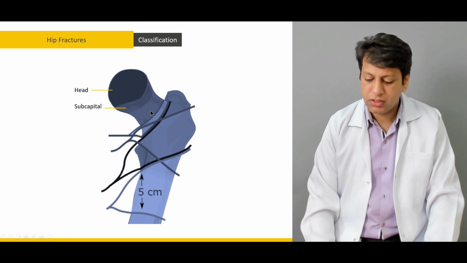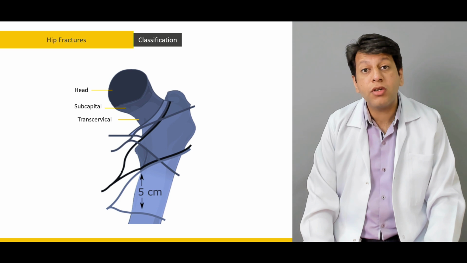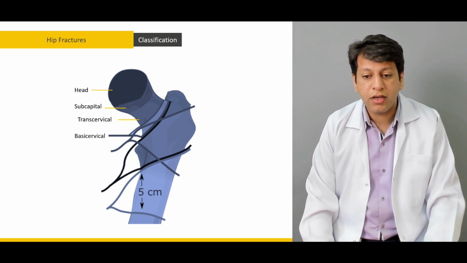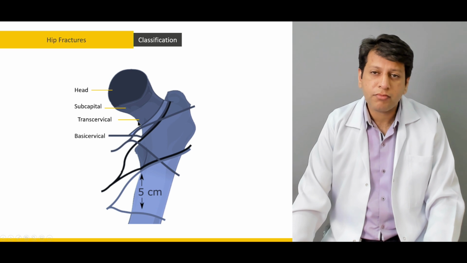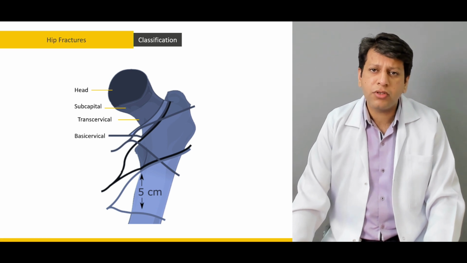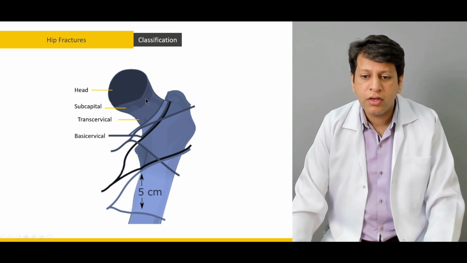This is termed as the transcervical area, and the area which is adjacent to the intertrochanteric region of the femur becomes the basicervical area. Now what is important is that one way of classifying the neck fracture is according to region. Usually they're not, because there are the Garden and Pauwels classifications which are specifically designed for this region.